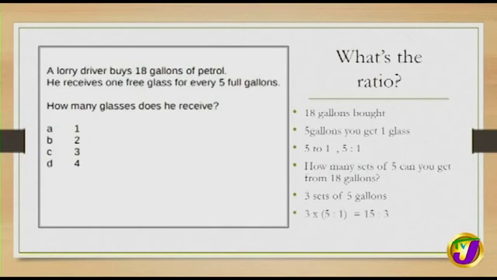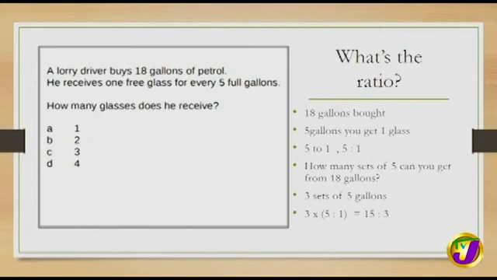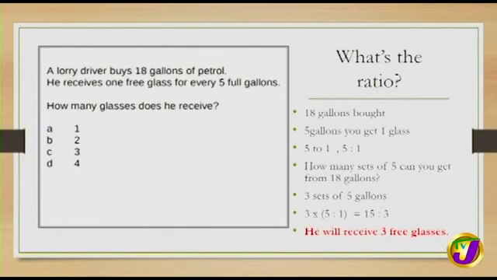We can use this to scale the ratio. 3 multiplied by 5 gives us 15 gallons, and 3 multiplied by the 1 gives 3. So for 15 gallons, you will get 3 free glasses, because for every 5 you get 1, and you have 3 sets of 5. Awesome.